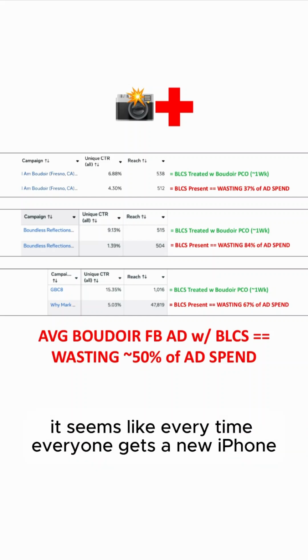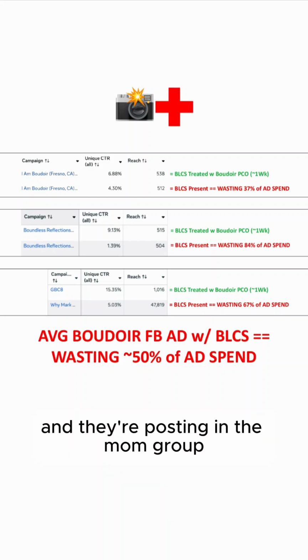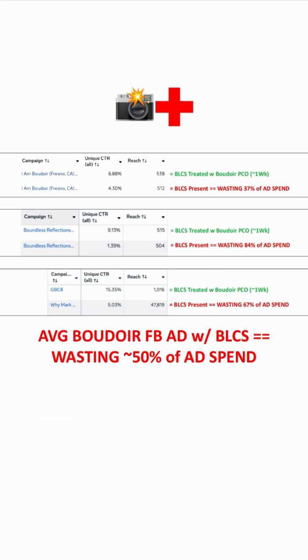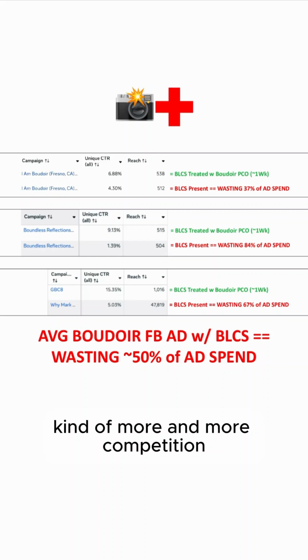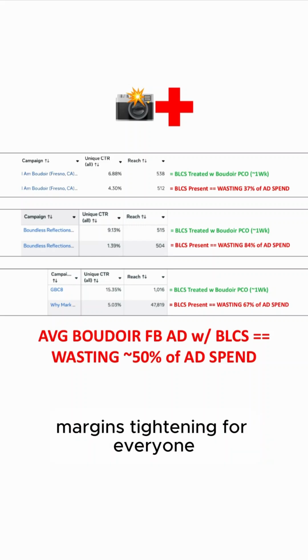It seems like anytime everyone gets a new iPhone, they turn on a Google My Business profile to say they offer Boudoir, or they get a new camera and they're posting in the mom group saying they offer Boudoir. So more and more service providers, same number of buyers, more and more competition, the market's getting saturated, margins tightening for everyone.